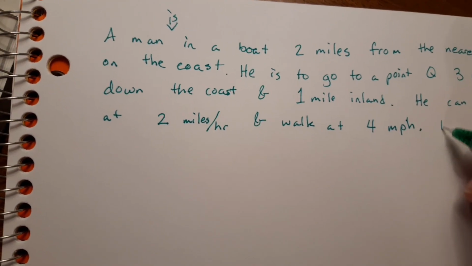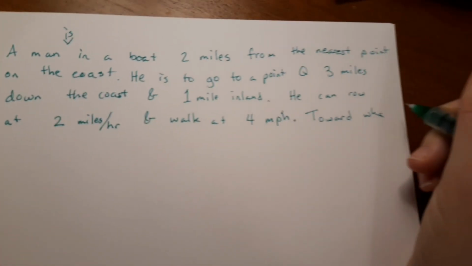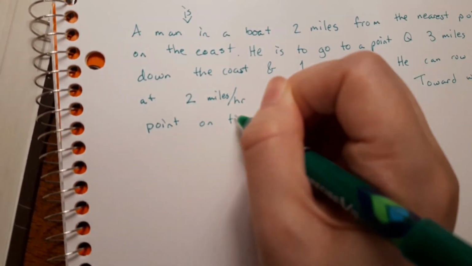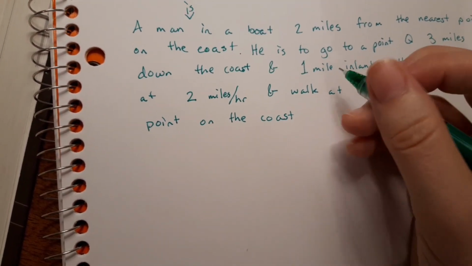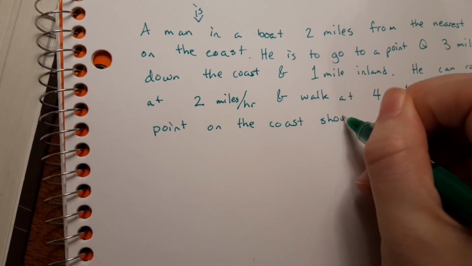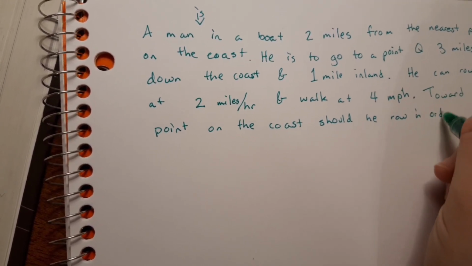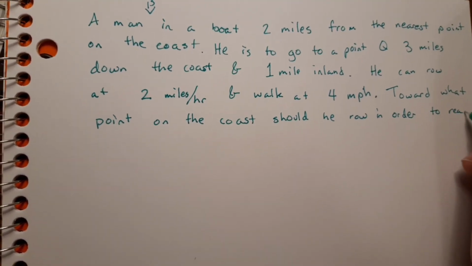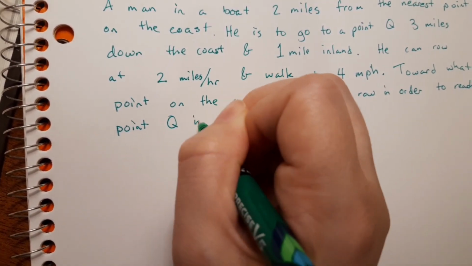Toward what point on the coast should he row in order to reach point Q in the least time?